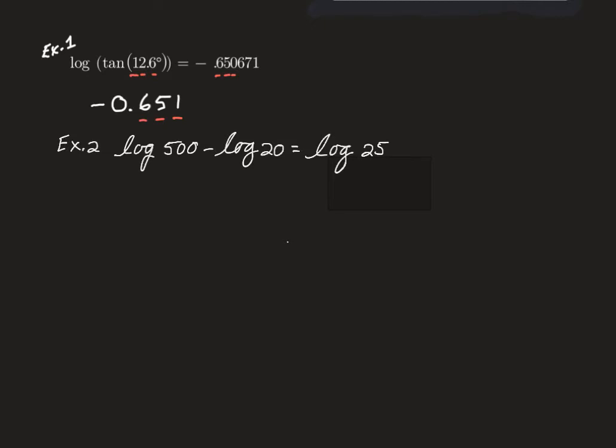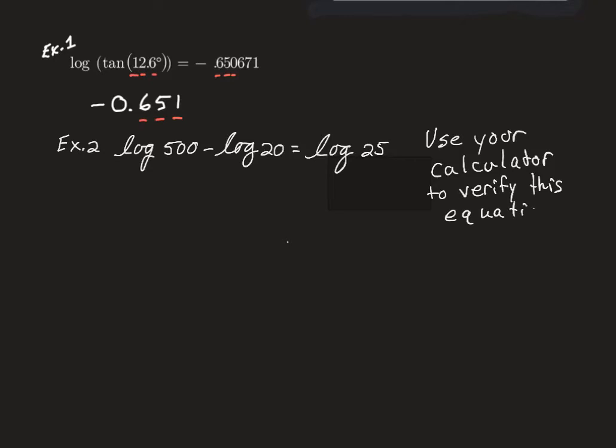Now, you may be given a problem like this, and you may be told to use your calculator. Okay, and you're going to be using your calculator to verify this equation. So what you want to do is to use your calculator to prove that the common log of 500 minus the common log of 20 equals the common log of 25.